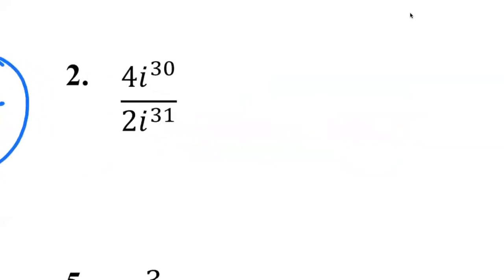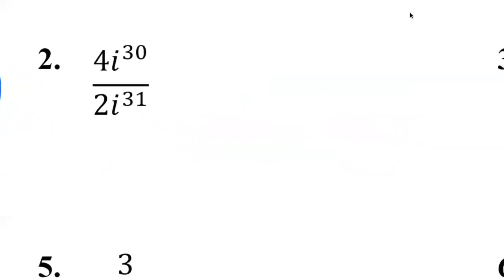Number two is actually pretty similar to number one. It just gets a little bit ugly at the beginning, but not too much. We have i to the 30th power over i to the 31st power. Now, you might go ahead and take care of each one individually, and then fix it.